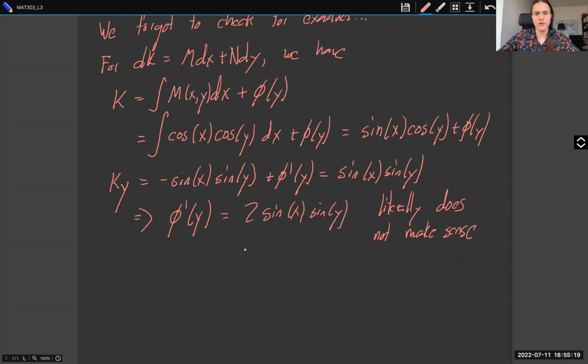So phi is not a function of y alone, and at this point this is a mathematically nonsense equation.